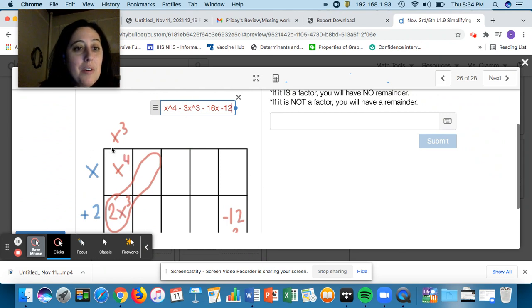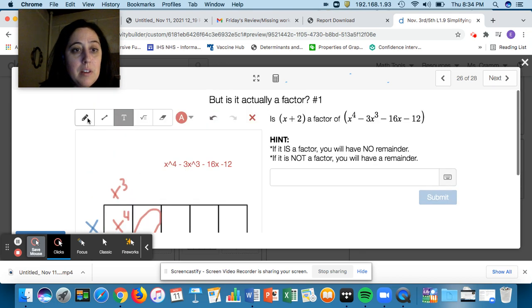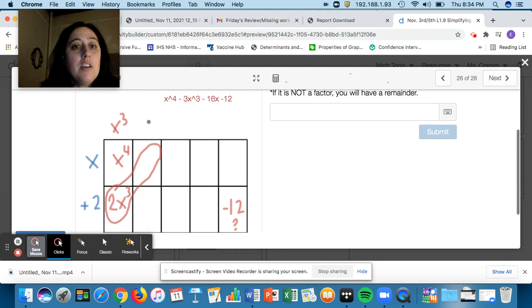So I'm saying 2 minus 5, and you can check that in your calculator. 2 minus 5 gives me negative 3, and they're x to the third terms. So 2x to the third minus 5x to the third gives me negative 3x to the third.